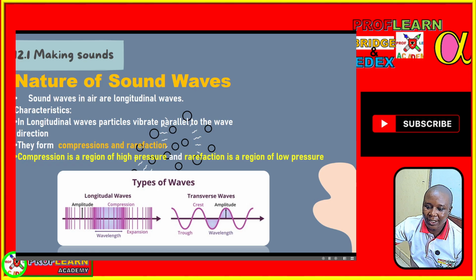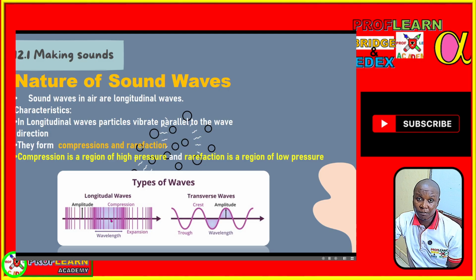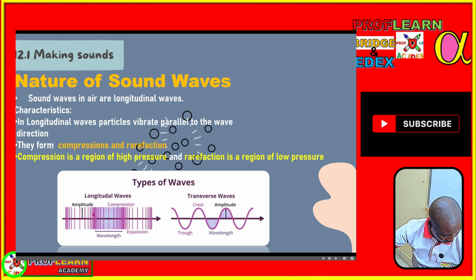You need to understand that compressions are regions of high pressure and rarefactions are regions of low pressure. So this region where you have the lines closely packed, that is what we call the compression. Where the lines are spaced like that, that represents a rarefaction.